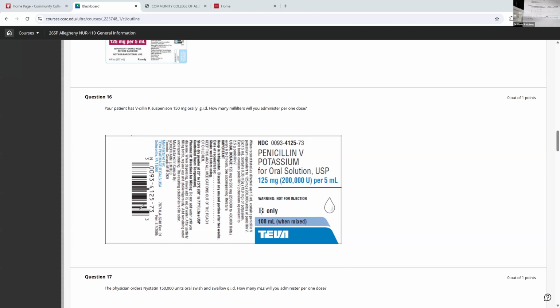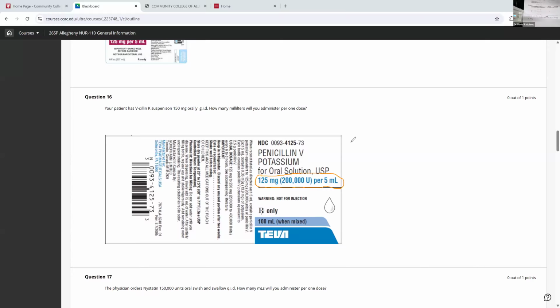So why am I harping on this one in general? A couple of things. The strength is giving us extra information that sometimes you don't know what to do with. Because of more advanced math, you might be thinking, am I supposed to multiply 125 milligrams by 200,000 units? No. When they put something in parentheses, that's just telling you it's an equivalent.